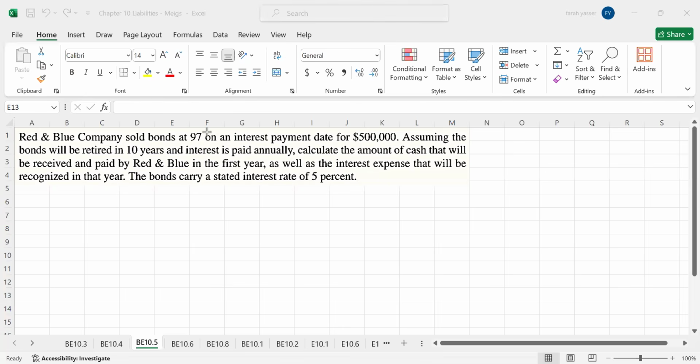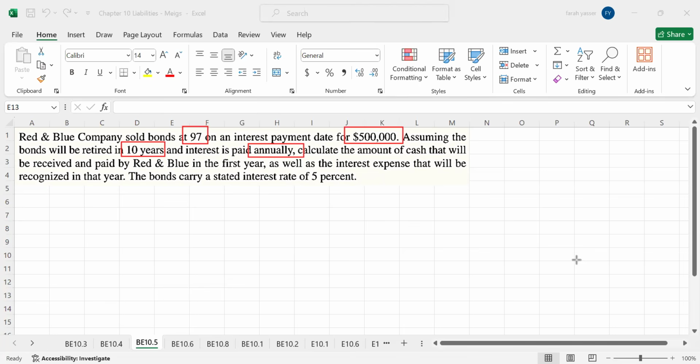The company sold bonds at 97. 97 means at a discount. $100 bonds were sold at 97 on an interest payment date for $500,000. Assume the bonds will be retired in 10 years, which is the maturity time, and interest is paid annually.